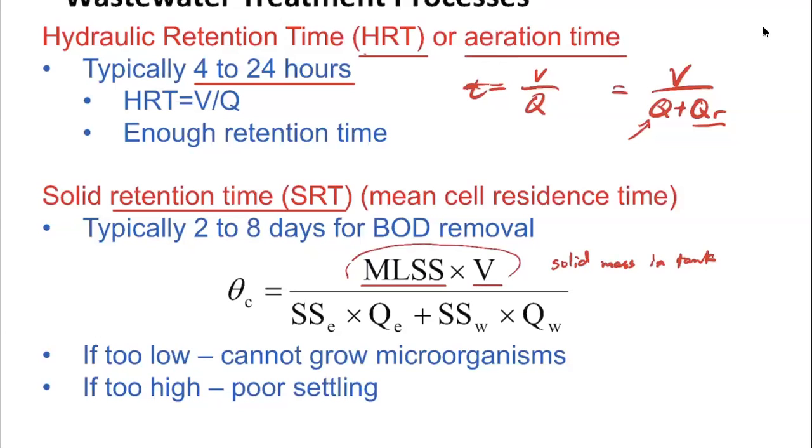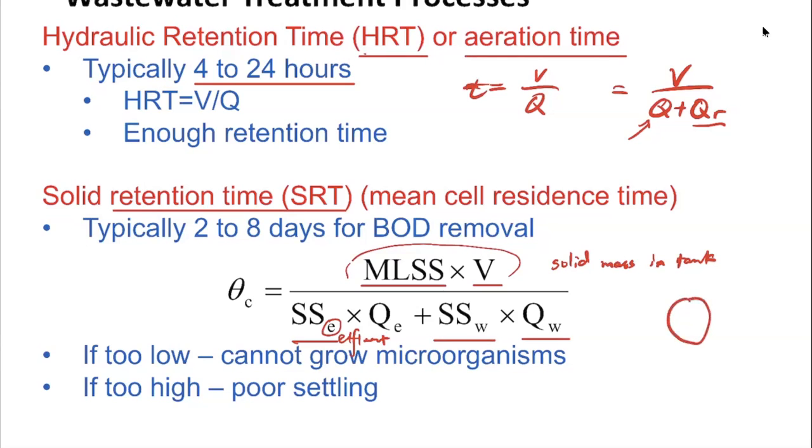And then in the denominator, we have the suspended solids concentration in the effluent. Remember, the E is for effluent, which is the treated water, multiplied by the flow rate of the effluent, plus the suspended solid concentration in the waste, multiplied by the flow rate in the waste. Okay, so the waste sludge.